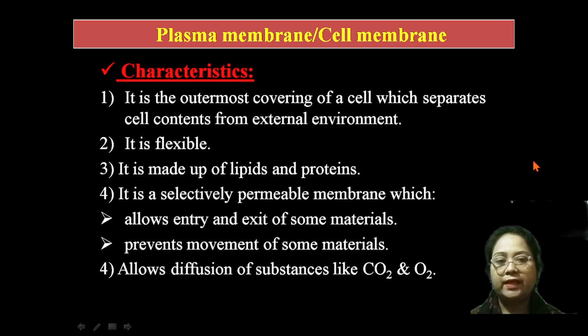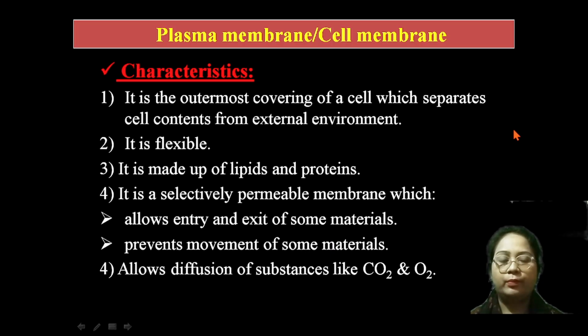Entry and exit means it allows some materials to move inside the cell through the plasma membrane, and also some materials to move outside the cell through the same plasma membrane. Then it prevents movement of some materials. That means the plasma membrane acts as a blockage system.